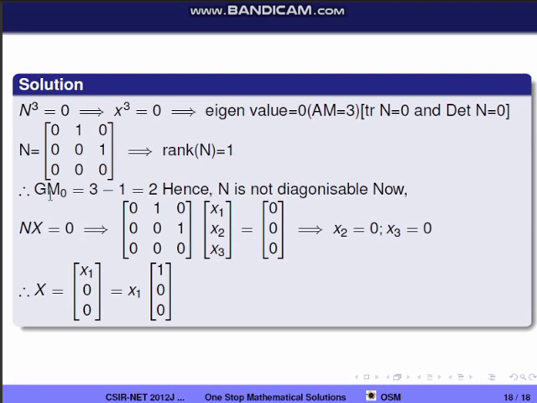Therefore the geometric multiplicity of 0 is equal to the order of the matrix minus the rank, so that is equal to 3 minus 2. Here actually it is 2, okay, you have to correct it. That is equal to 1. So the geometric multiplicity and the algebraic multiplicity are not equal. So hence N is not diagonalizable, because for diagonalizability, the algebraic multiplicity and geometric multiplicity should be equal. Here they are not equal.